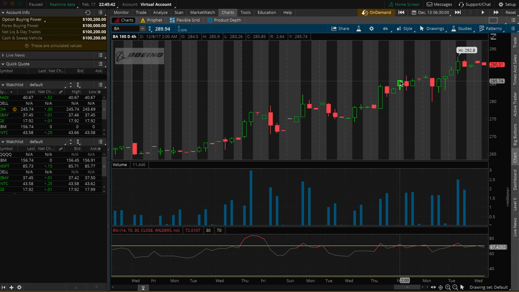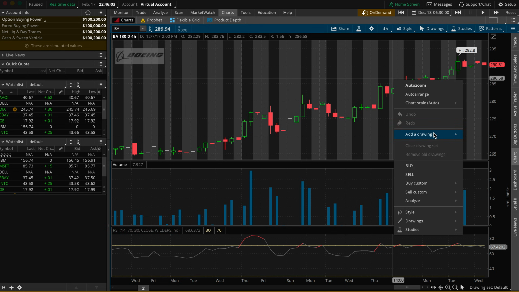It was trying to get past that, couldn't get past that. Tried again, couldn't. Tried again, and it finally got past it. So this was resistance. Now, since that was resistance, it's now support.